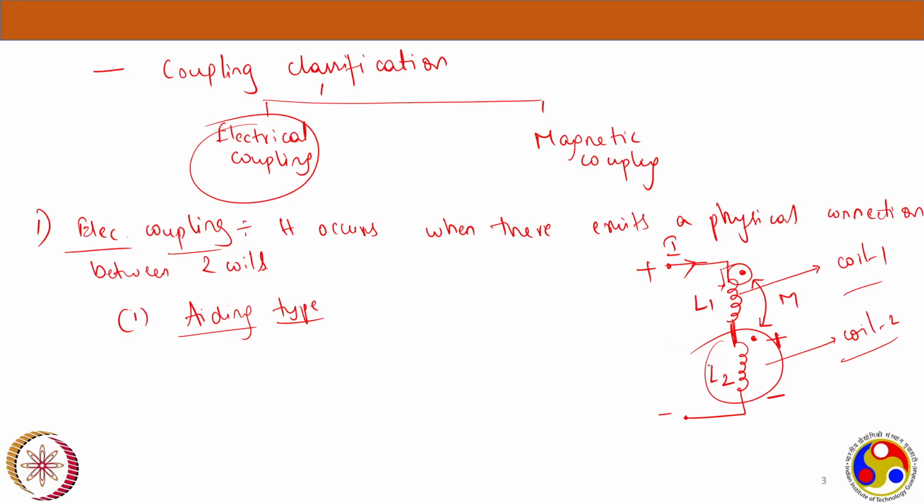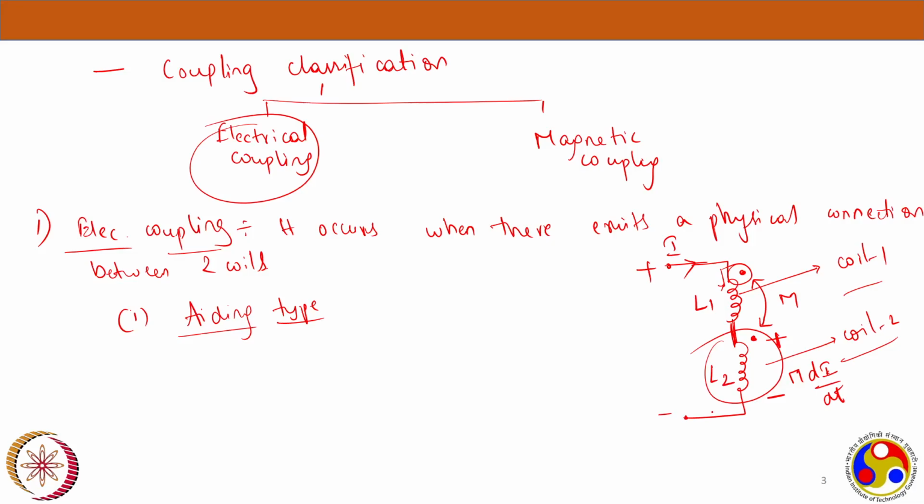Now, what is that induced voltage? It is M di by dt, where i is the current passing through coil 1. Of course, since it's a series connection, both coils have the same current. Another point to observe is that the same current is also entering at the dotted terminal of the second coil.